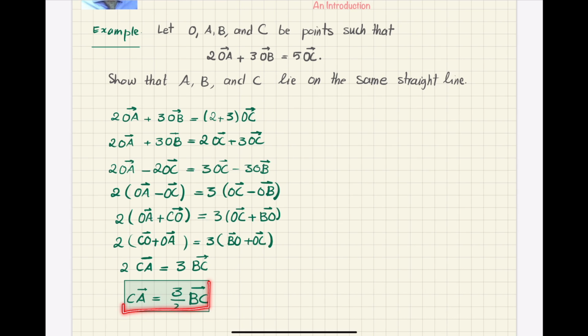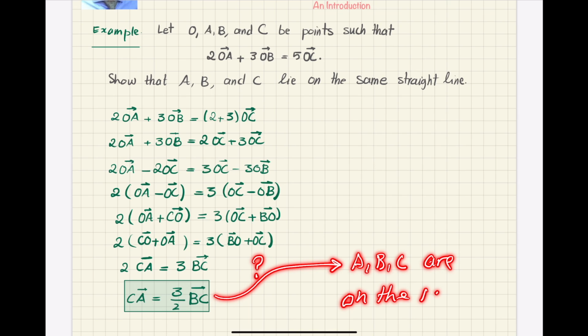We got this one, and I am claiming that from this relation, I can conclude what I want. But of course, I have to explain it in my solution. Why? From here, my claim is that we can conclude that A, B, and C are on the same straight line.